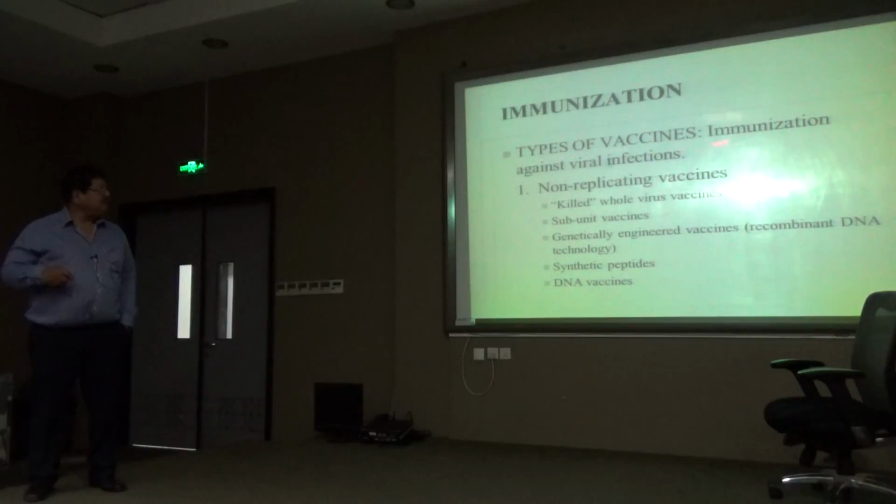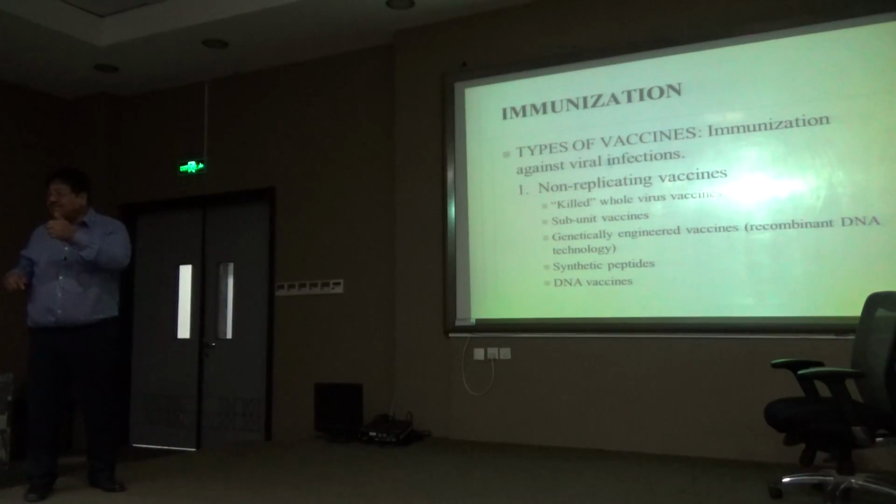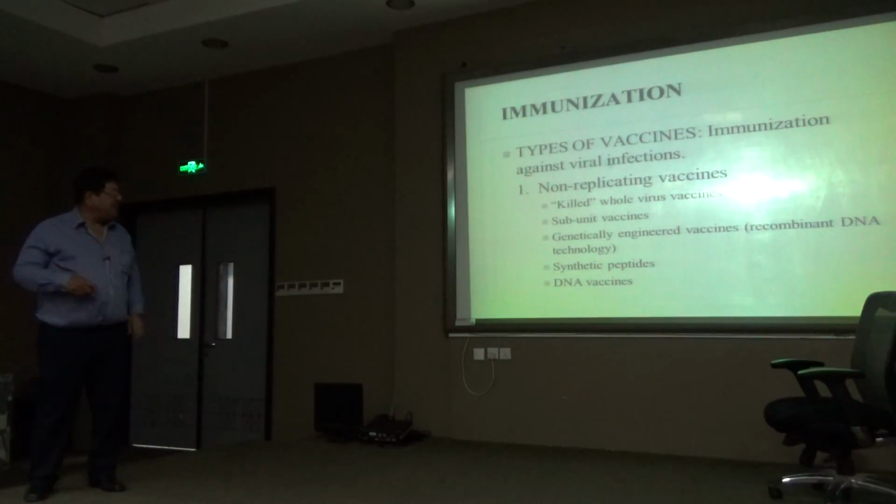Now, look at the types of vaccines. Non-replicating vaccines. You have to remember this slide, because you can have killed whole virus vaccines, killed subunit vaccines, like strains 1, 2, 3, as with meningitis. There may be strains of the particular organism, so you have to use the particular one.